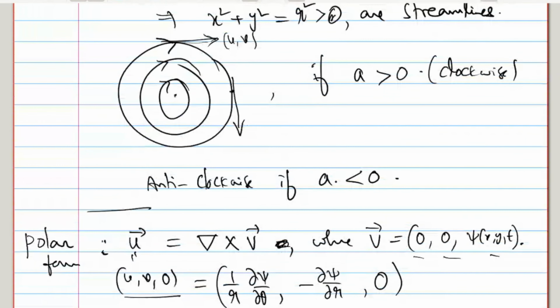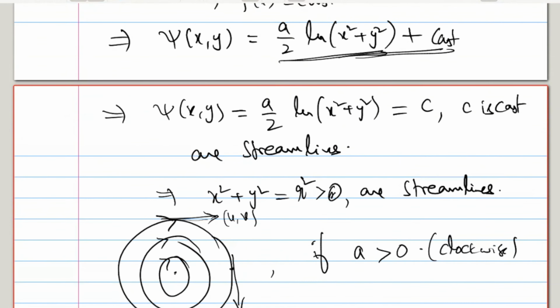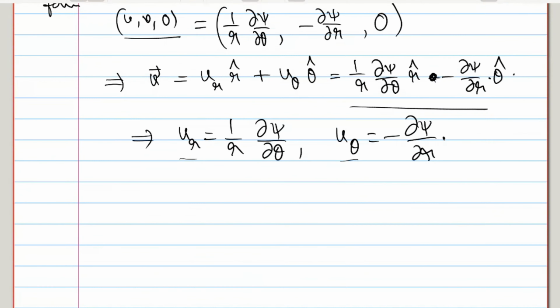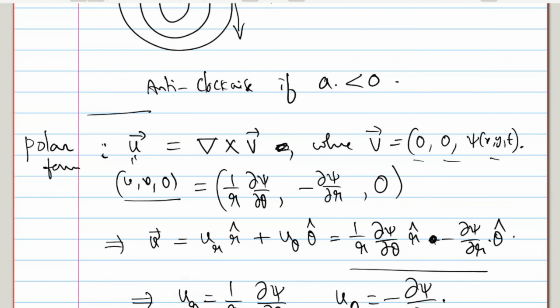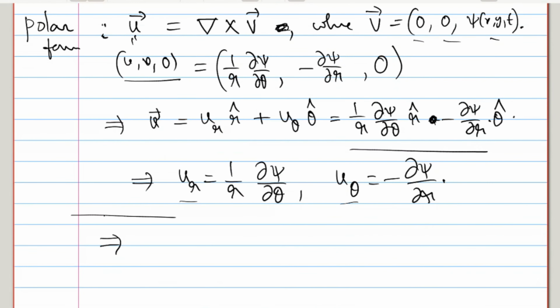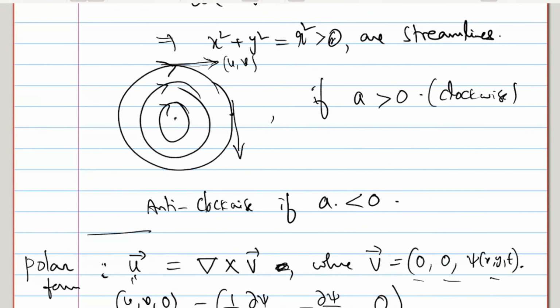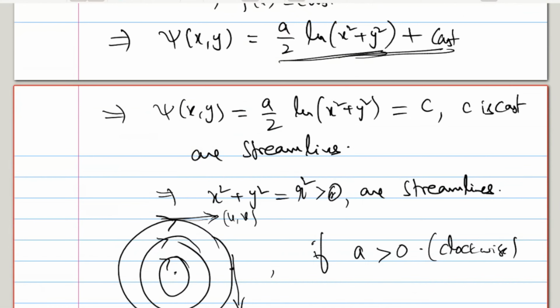So in these polar coordinates, if you take that earlier example, what is your stream function psi? This is the general polar form.